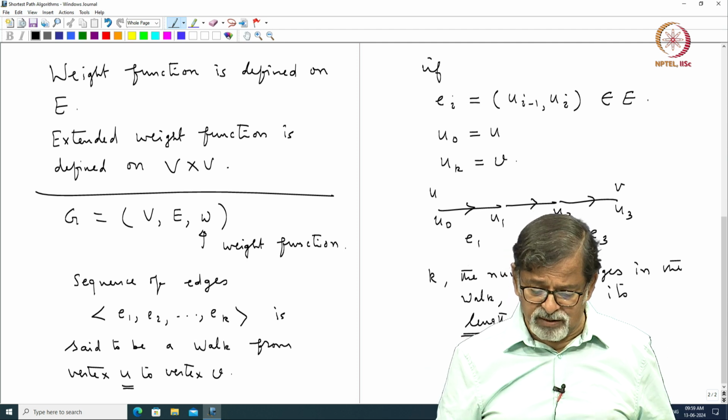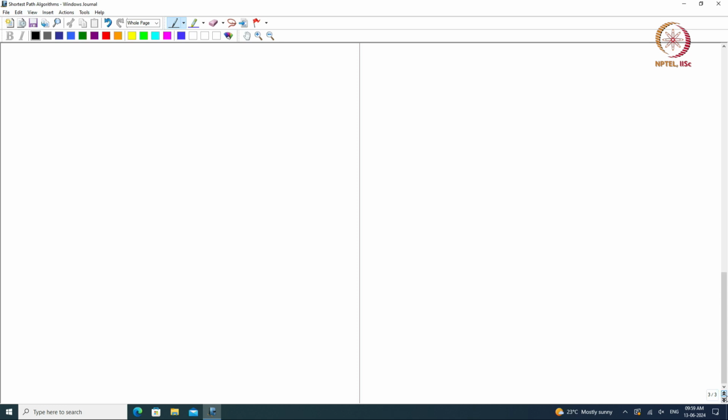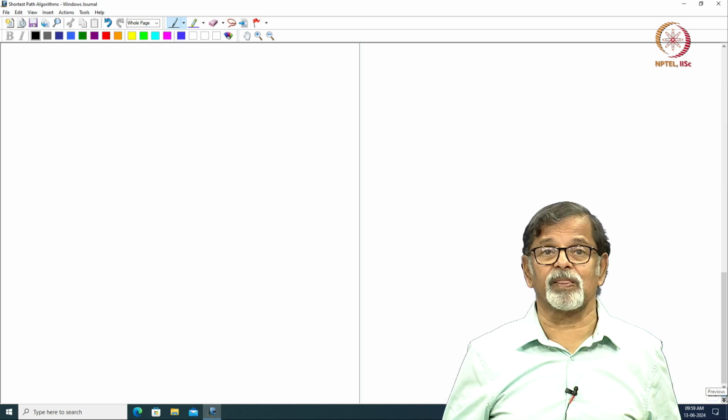For any walk, the first and last vertex, U and V, that is U0 and UK, are called end vertices.